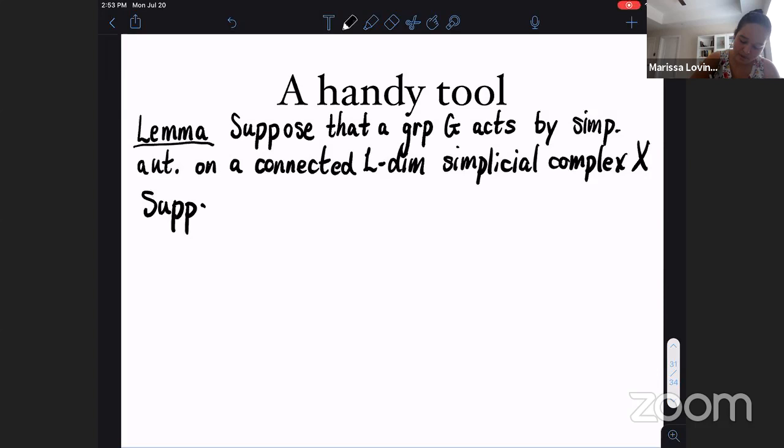And then suppose, now we're going to ask for a bit more specific information about the action.